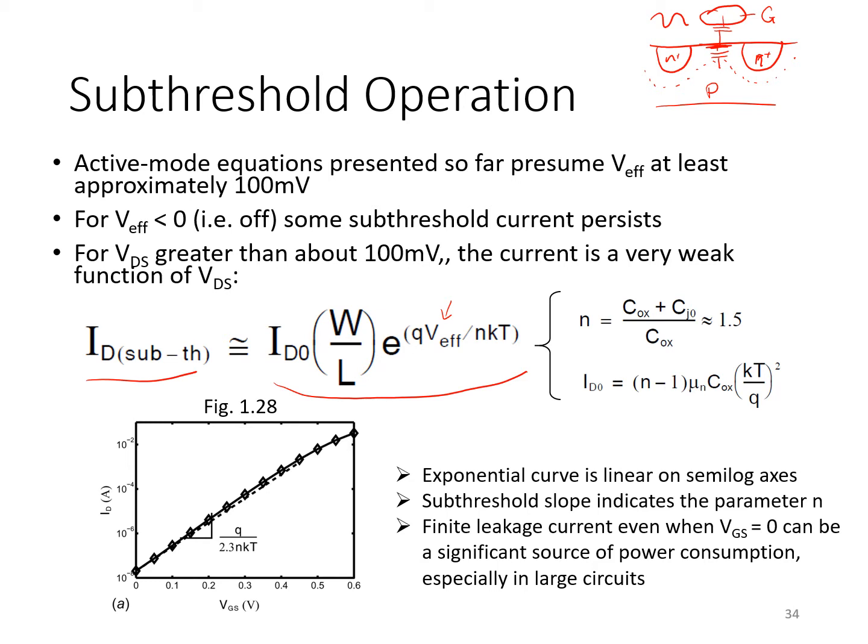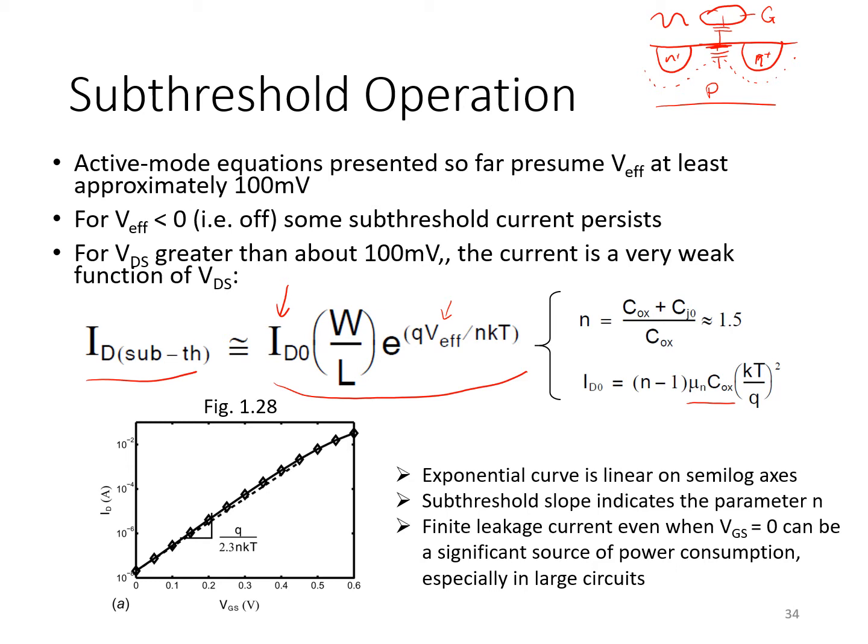The other technology parameter at play here is ID0, and it in turn also depends on technology parameters, carrier mobility, COX. It also depends on n and temperature, as shown over there.